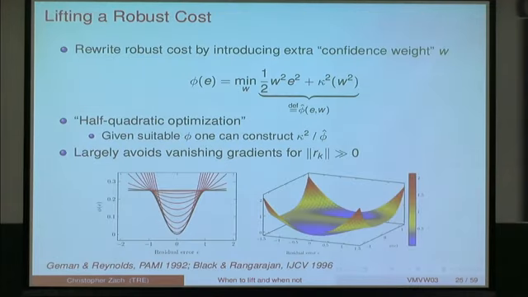Are there other ways? Yes, there is. One that is actually relatively old goes back to, I think, Geman and Reynolds, the first ones to use it. Some others picked it up and used it in different contexts. Basically, you rewrite your quasi-convex cost function as a pointwise minimum over a set of parabolas.